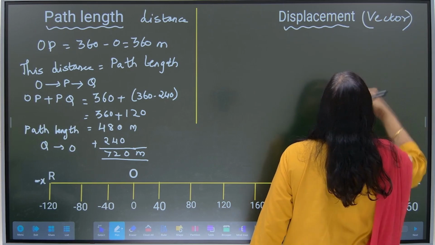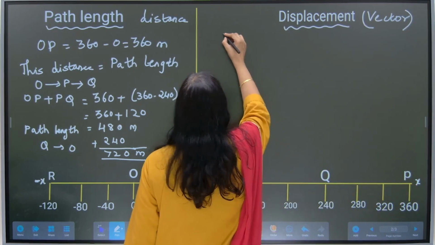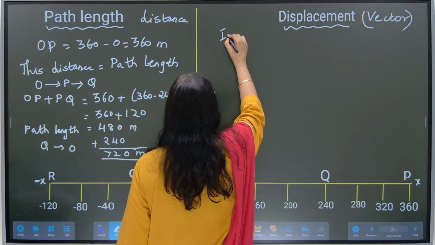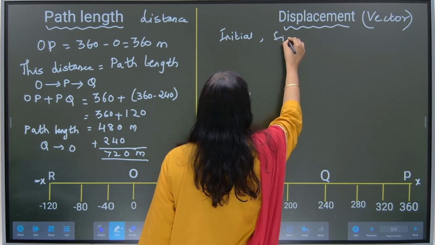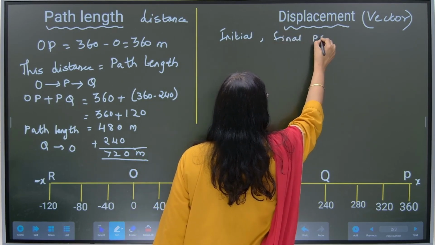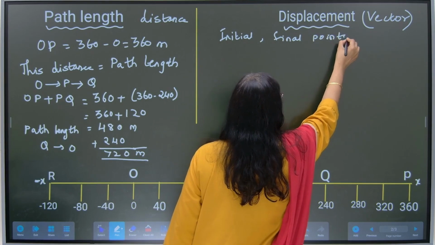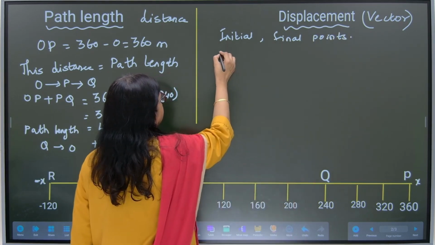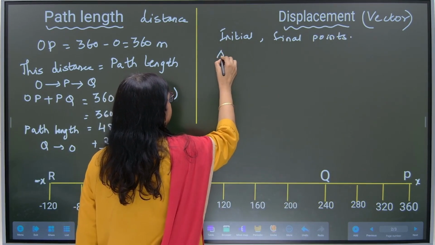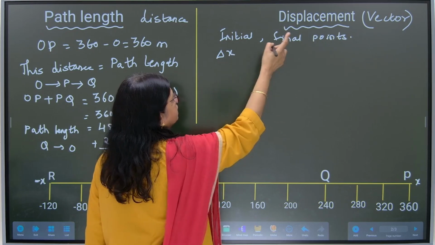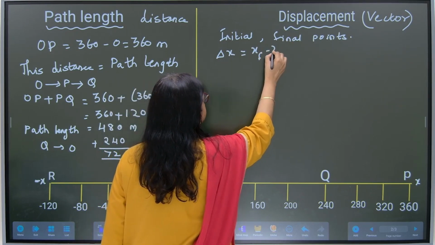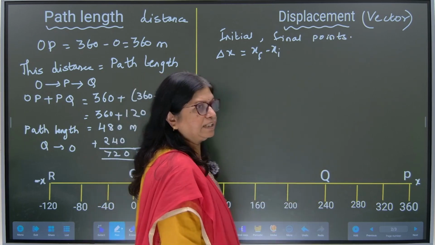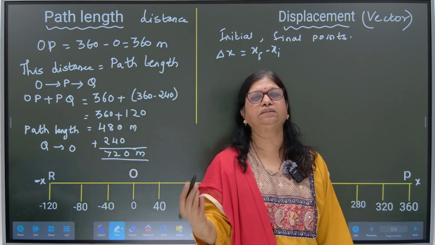What should I consider? Only the initial and the final points. Okay, to make it easy, let us consider delta x, which is the displacement, is xf minus xi. In the textbook it is written x2 minus x1.